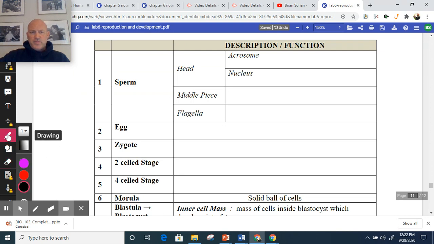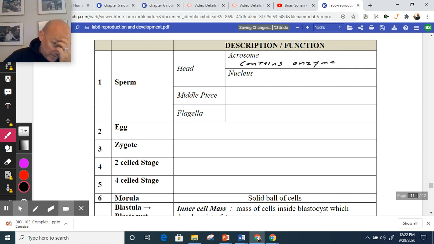Actually, I could help you with this too. When we look at the anatomy of the sperm cell, we could break it down into a head. The acrosome contains digestive enzymes. These digestive enzymes are critical in order to penetrate not only the cells of the corona radiata, but also that protein layer called the zona pellucida, so it can merge with the plasma membrane of the oocyte.